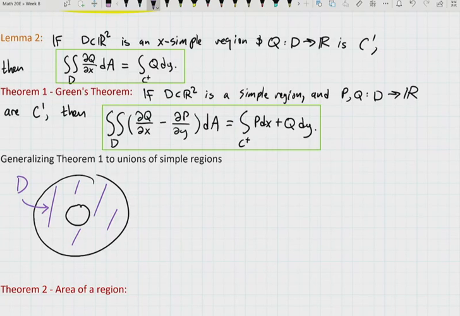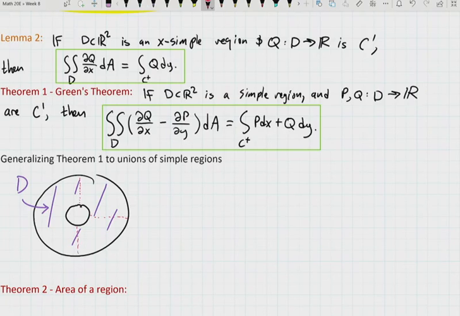Well, can I draw a horizontal line through it that passes through the boundary in more than two places? Yeah, so it's not x-simple. Similarly, it's not y-simple. It's certainly not simple, but I can chop it up into simple pieces. Like how about if I cut it into 4 pieces?